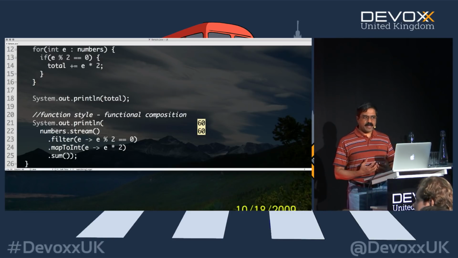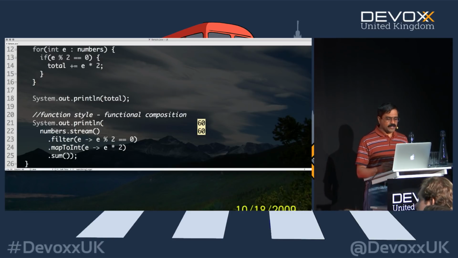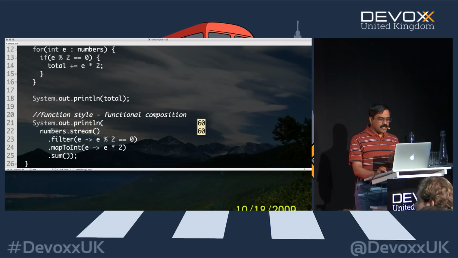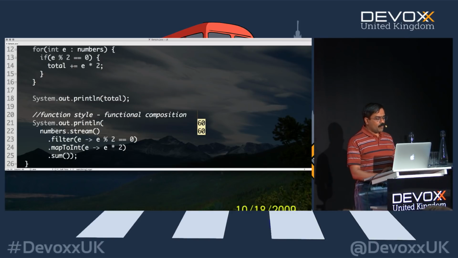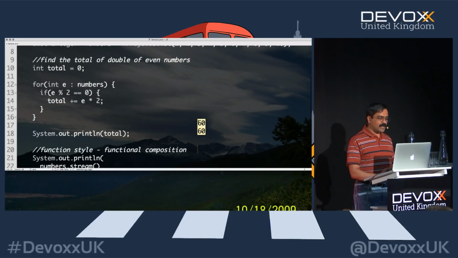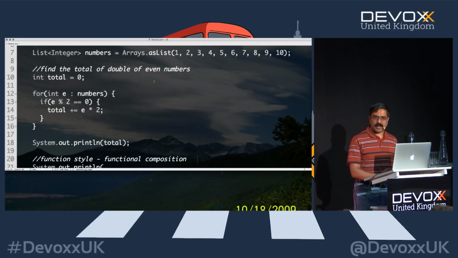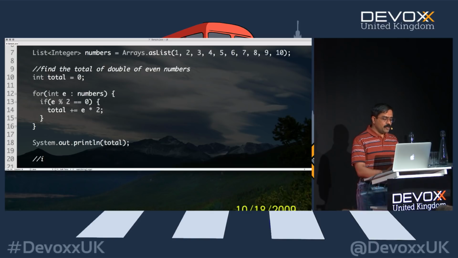The collection pipeline has a clear benefit, and that is one of the reasons I get excited about the functional style of programming. Well, I spent decades programming in imperative style. I spent my youth programming in imperative style, and it took me a long time to realize that the imperative style of programming that we've been using so predominantly has accidental complexity.